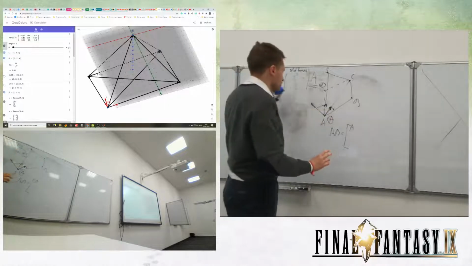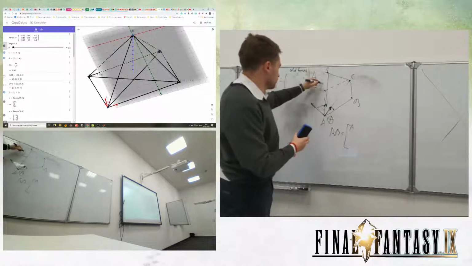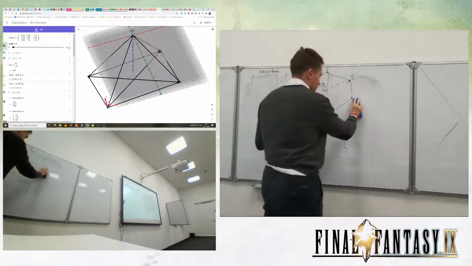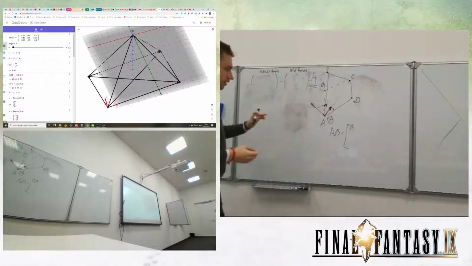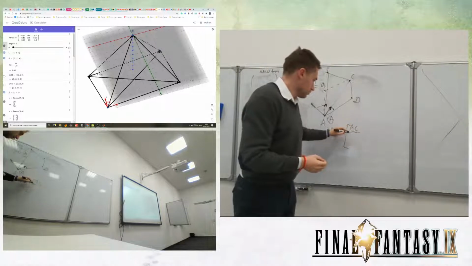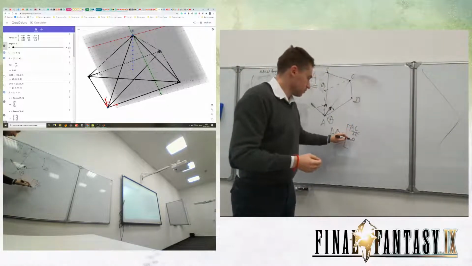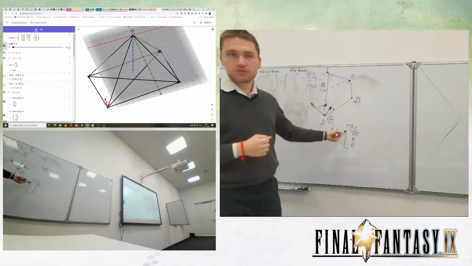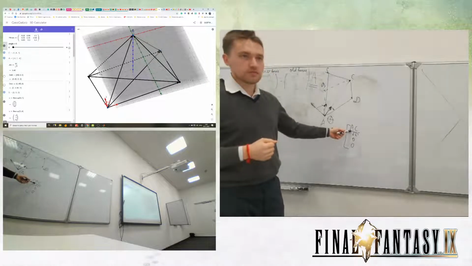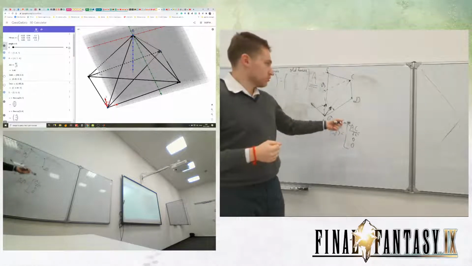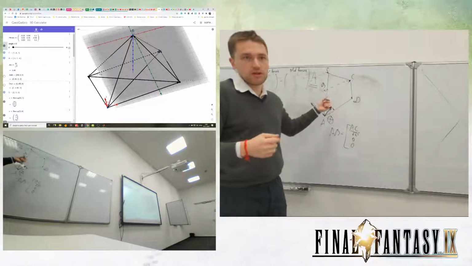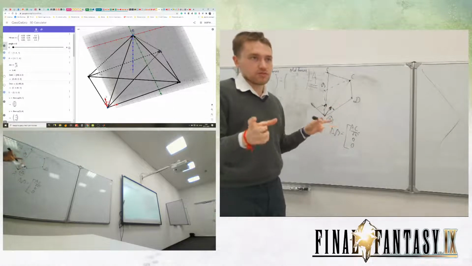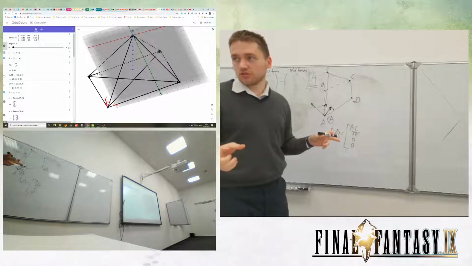Let's change it for consistency. AB will be AC divided by square root of 2, 0, 0. Did you get why it's like this? Because it's a square, we know only the AC length. If we know this one, we can find the other base edges.